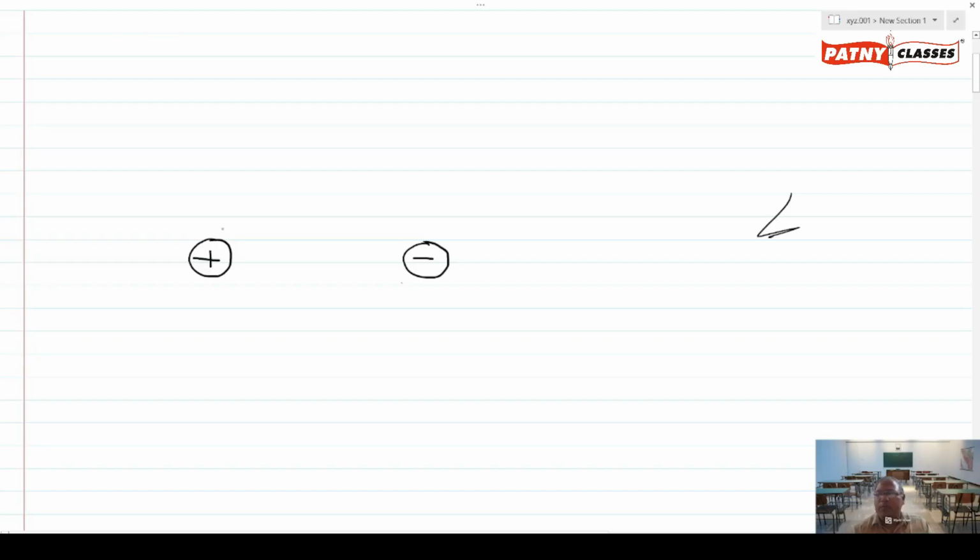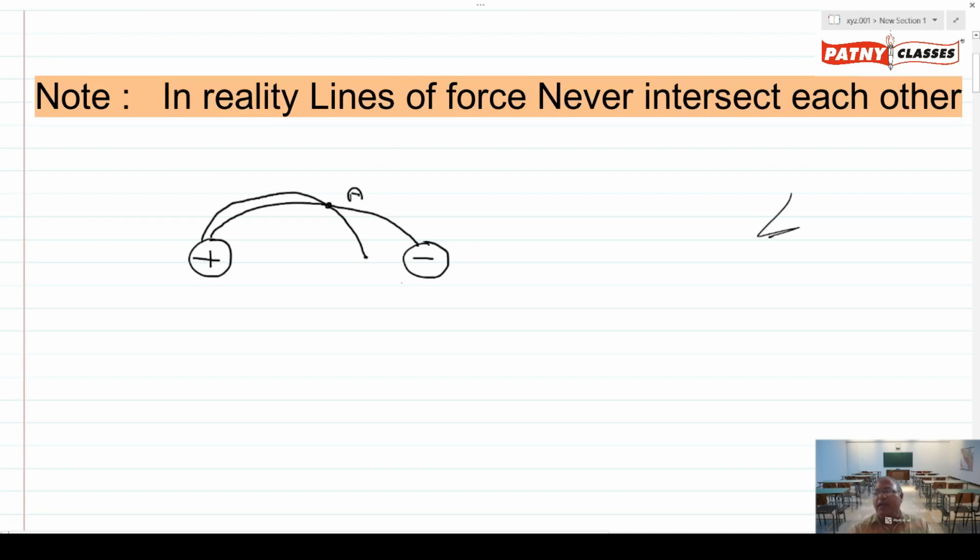Suppose we have a positive and a negative charge, and this is one line of force. Suppose another line of force starts from the positive charge, and suppose they are intersecting at the point A. Then what is the problem?